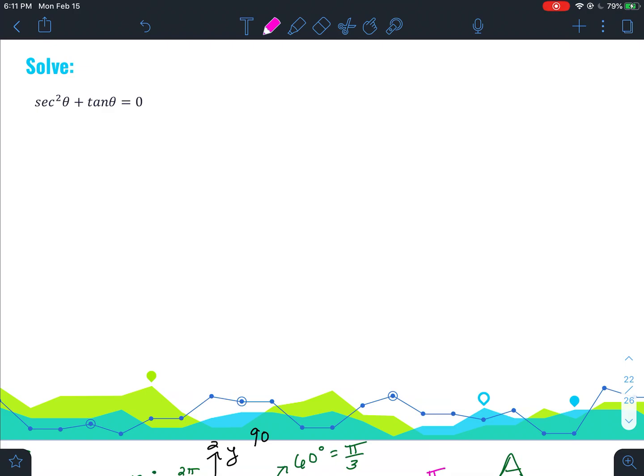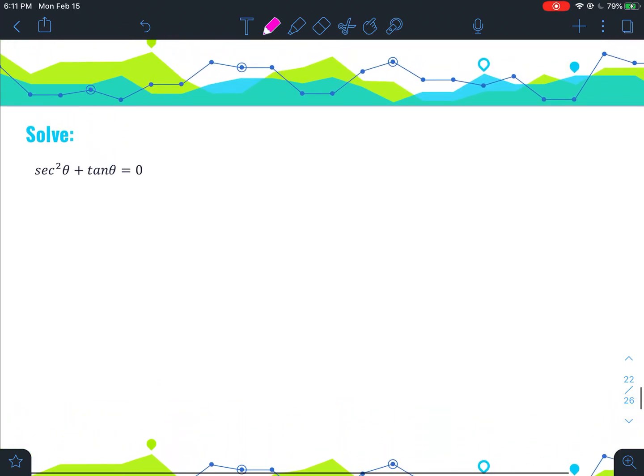All right. What if we have secant squared theta plus tangent is equal to 0? This is another replacement. 1 plus tangent squared theta is going to equal secant squared theta. So 1 plus tangent squared equals secant squared is the original problem.